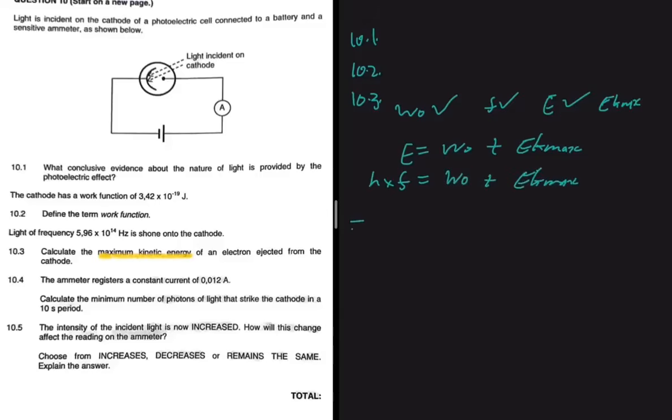So if we make EK max the subject of the formula from the get-go, we're going to get H multiplied by F minus the work function, right? So what is H?